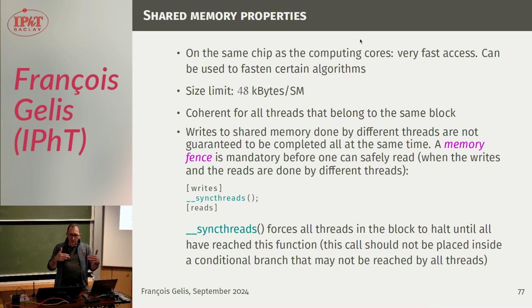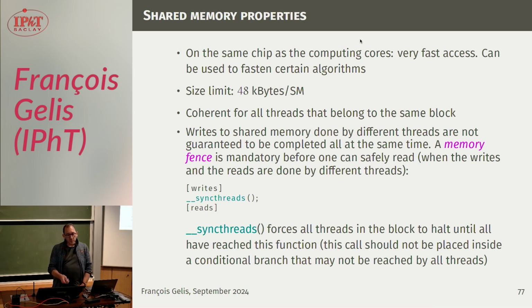There could be a slight delay in some of the threads. And if your algorithm is later reading from shared memory, therefore, there is no guarantee that you will read from memory that has already been written, unless you put a fence between the reads and the writes.